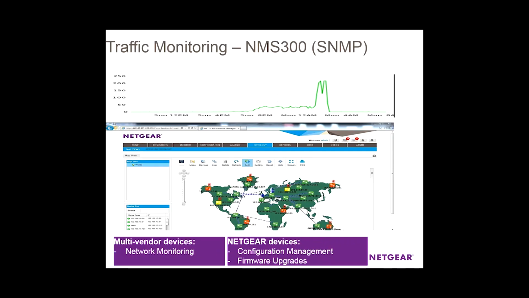In order to get this detection, the best way is to use traffic monitoring. In this case, what I will leverage is our solution, the NMS 300. It's free for the first 200 devices. You can install it on a Windows platform, and it's going to automatically discover your network switches and create graphs that tell you the traffic status in your network per port.